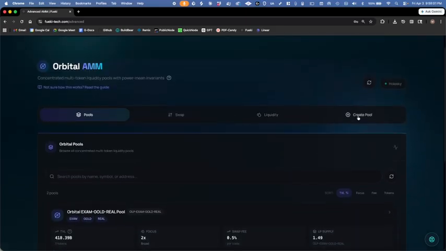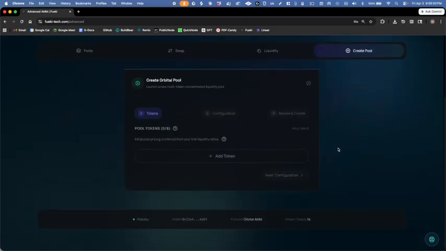So right now, what you're looking at is one of these examples of a pool. Actually, it'd probably be best to just create a pool and show you what I'm talking about. We're able to do multi-token pools up to 8 unique assets per pool. And it's really an efficient way of concentrating liquidity at one price point on the sphere surface.